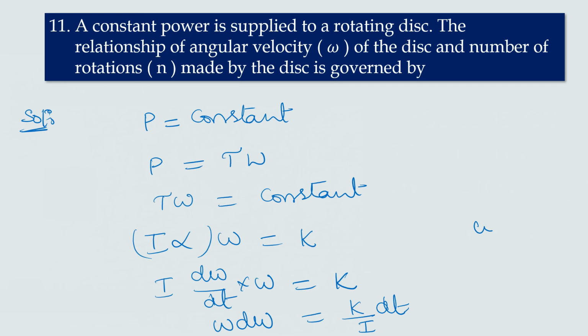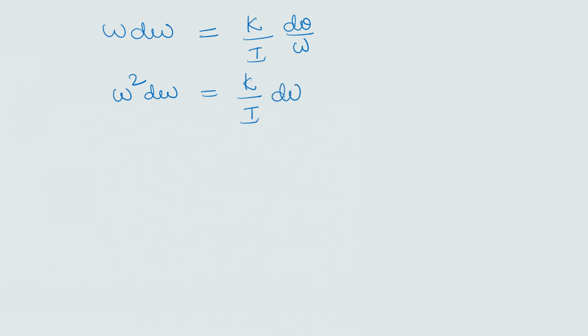Here omega is equal to d theta by dt, so dt can be written as d theta by omega. Next, omega into d omega is equal to k by I into d theta by omega. Now omega square d omega is equal to k by I into d theta.